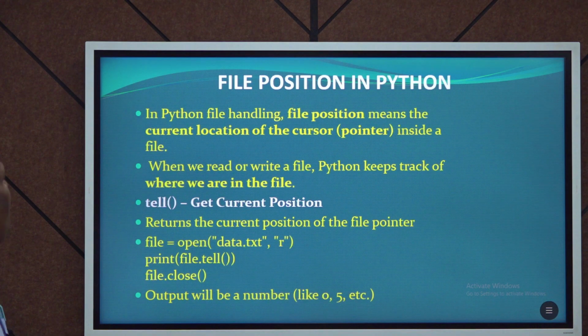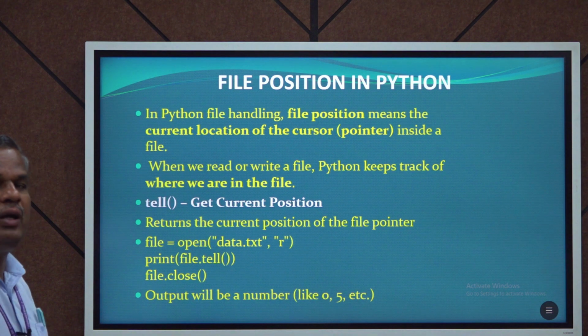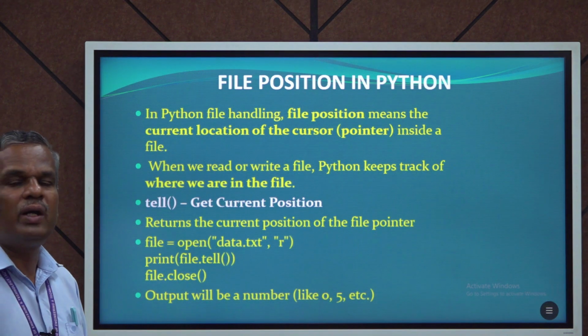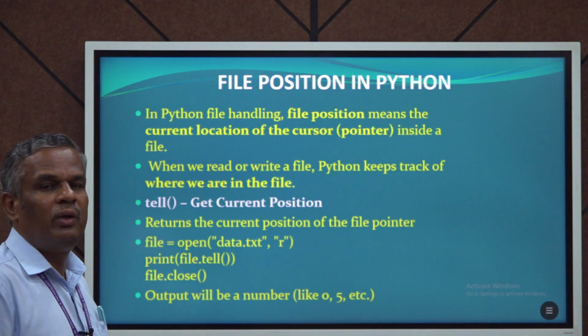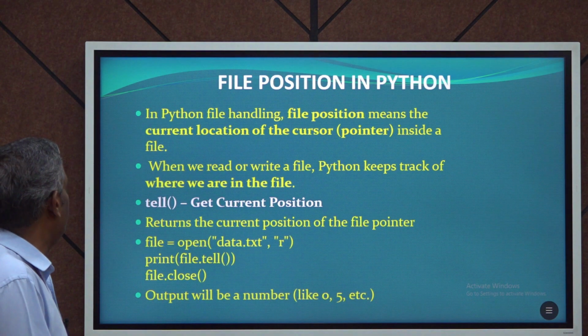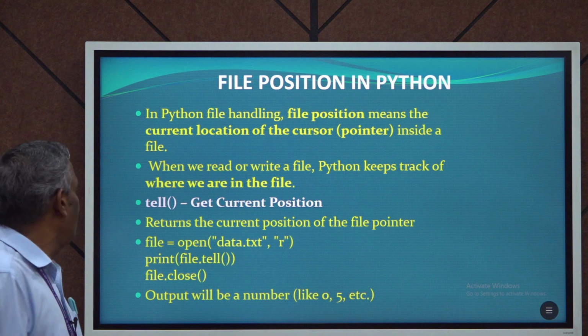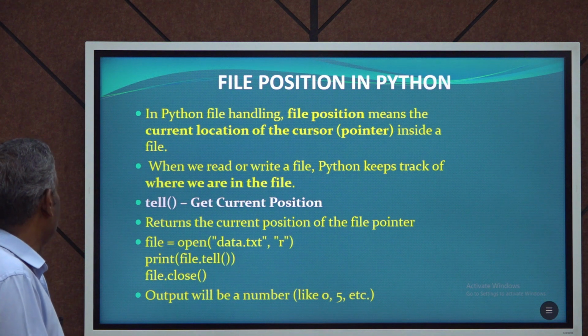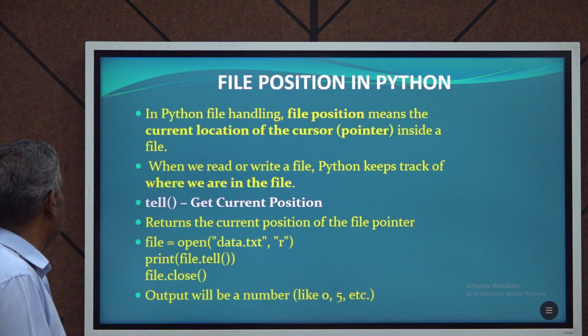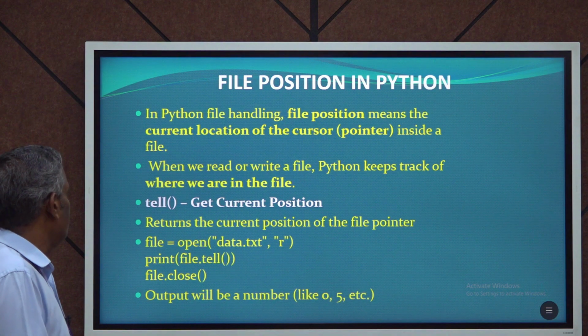So next we will see file position in Python. In file handling, file position means the current position of the cursor. If you want to move or read, we can use file position with seek and tell. Tell gives the current position. For example, file equals open data.txt r, print file.tell, then file.close. It will give the current position of the cursor.